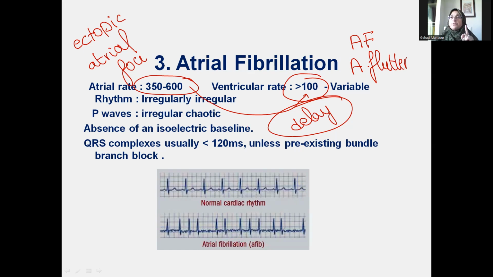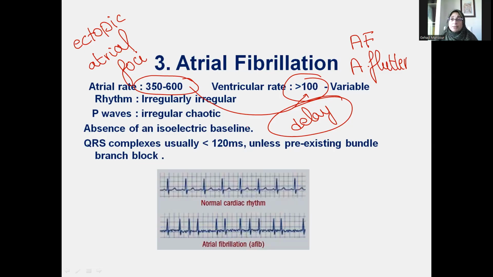You should be very careful, and you should always remember that whenever you have an ectopic atrial focus, you will have an AV block. And whenever you have an AV block, then you will have a difference between the atrial rate and the ventricular rate. When does this happen? It happens in 2 conditions only: atrial flutter and atrial fibrillation.